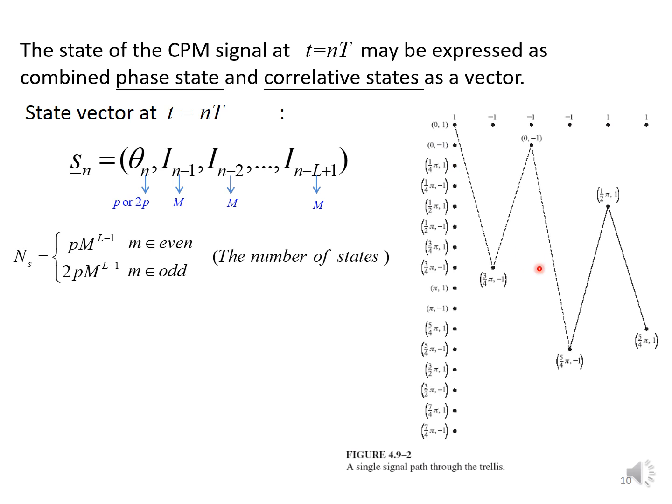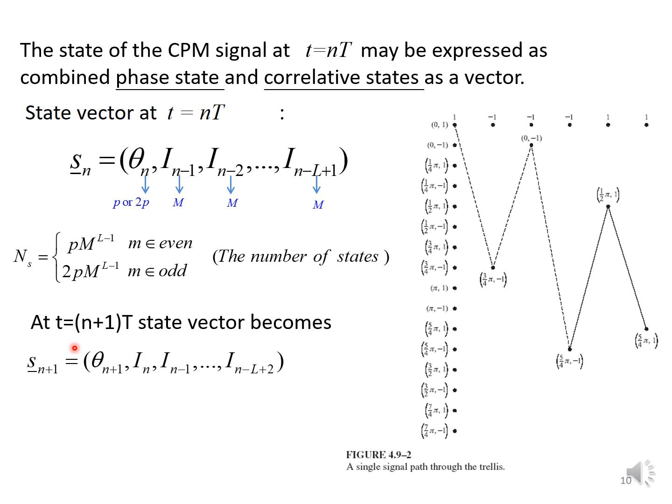So the state would be affected by the previous accumulated phase and the symbols within the pulse, the correlated symbols in the pulse shaping function.